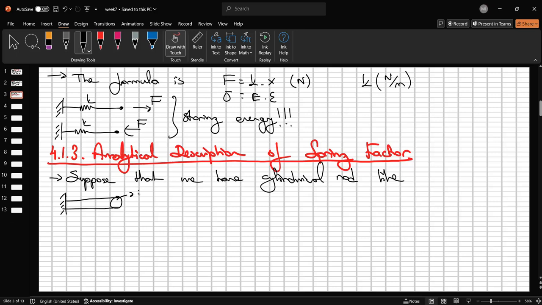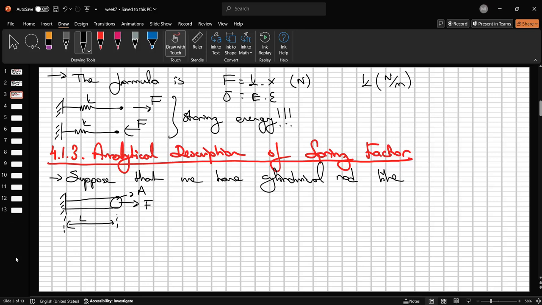We have the area A, and we push the force F in here, and also we can define the initial length of this rod in here. Okay? And so if we push this rod to the right direction, then it deforms.